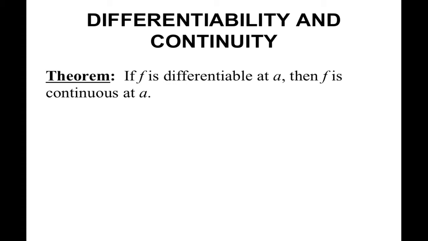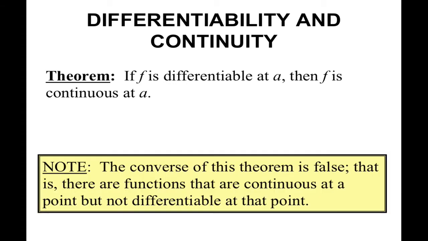So if you know that you can find a tangent line, therefore calculate the slope of the tangent line on the curve, then the function is considered also continuous at a. However, the converse of this theorem is false. That is, there are functions that are continuous at a point, but not differentiable at that point. And I will show you examples in just a minute.